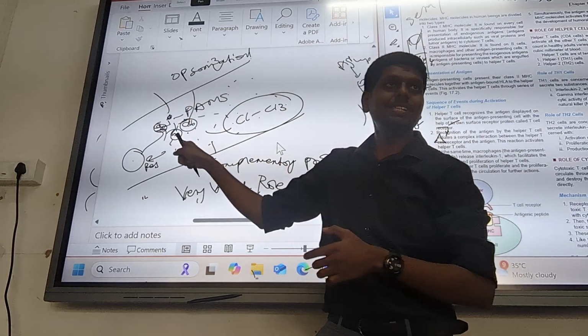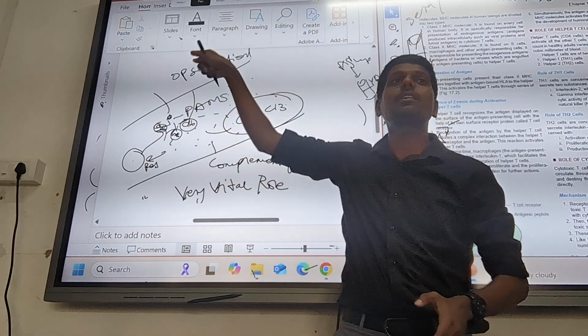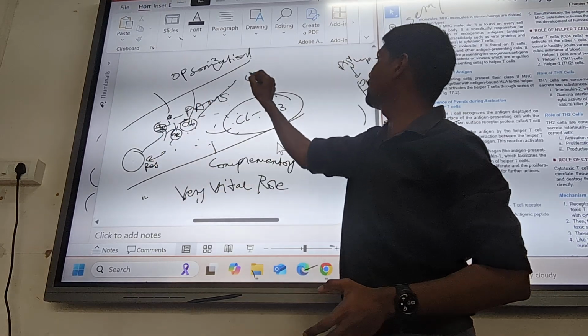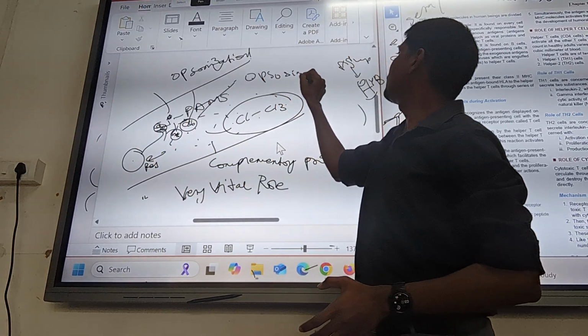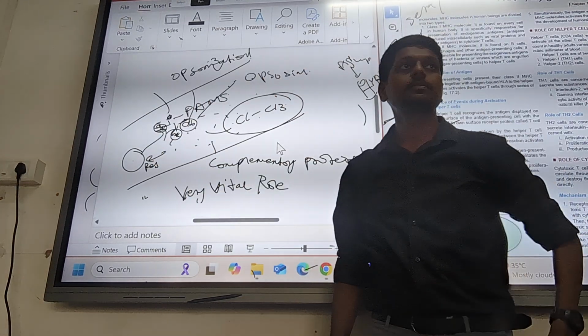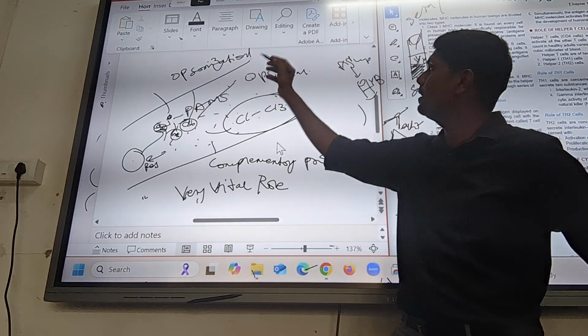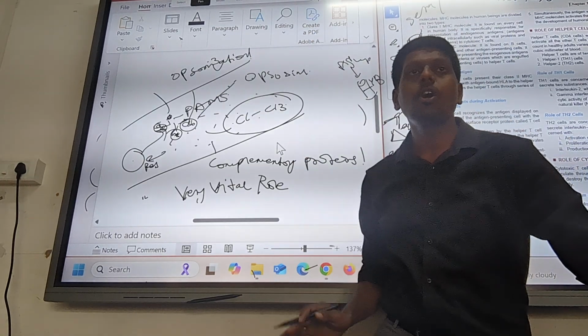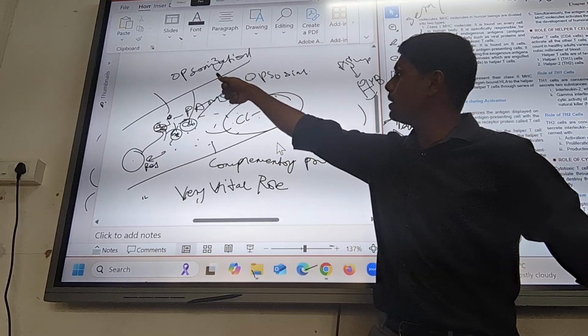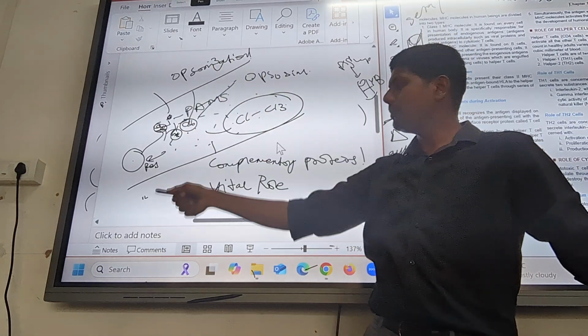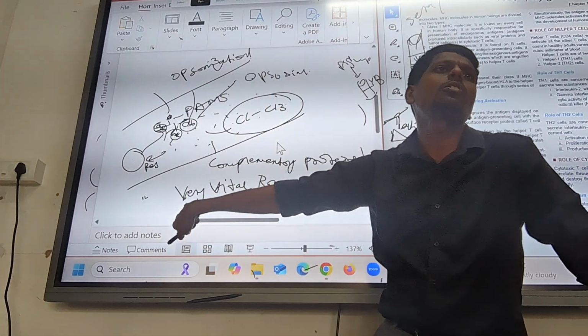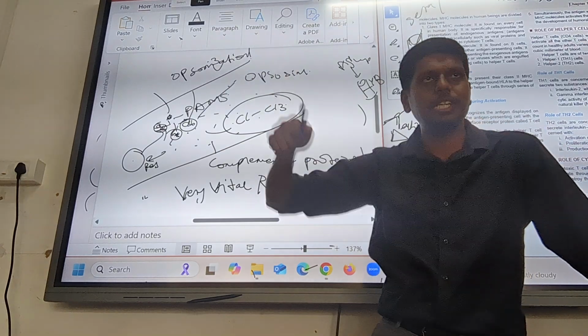The molecules that facilitate opsonization are called opsonins. And the process similar to phagocytosis is called opsonization.